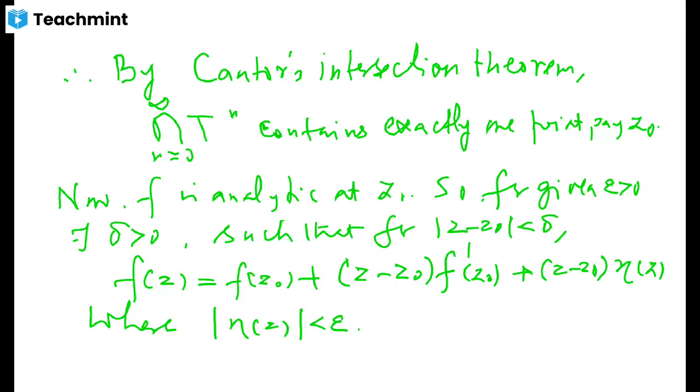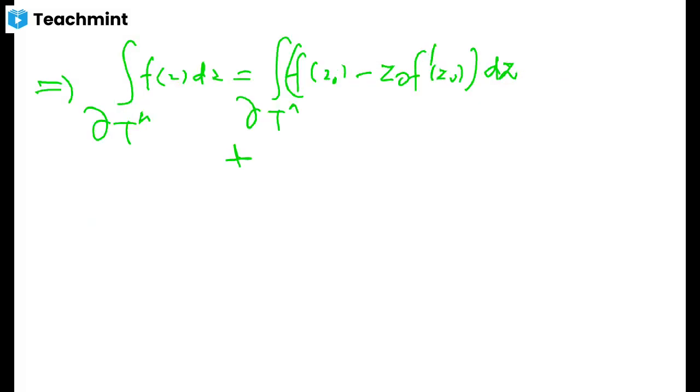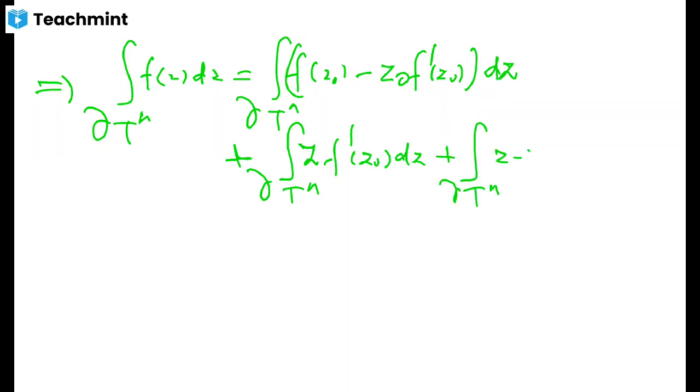You take the f of z naught and z naught f prime z naught on one side, and you will be left with z times f prime z naught, and another term you will have separately is z minus z naught times eta of z. So you have now the integral over the boundary of Tn of z times the derivative of f at z naught dz, plus the integral over the boundary of Tn of z minus z naught times eta of z dz. So this is it.